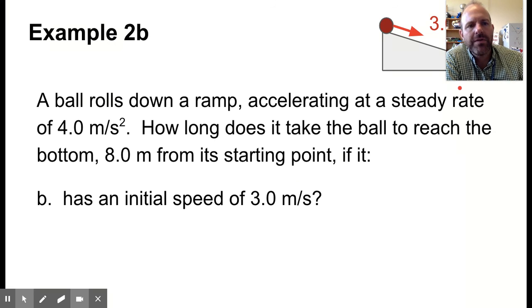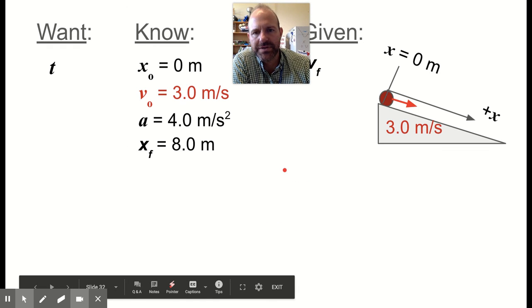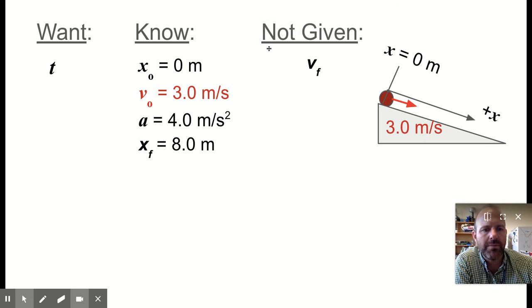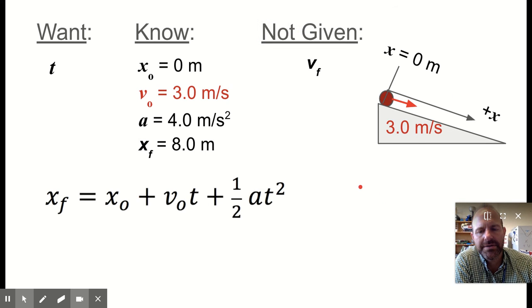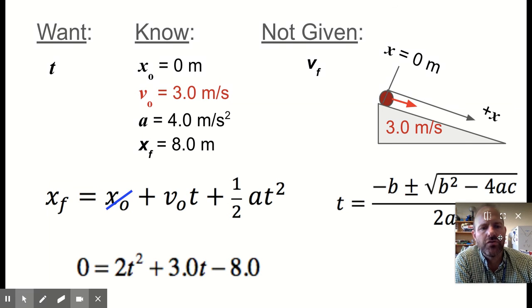Of course, we've already solved the problem, and all we need to do now is, instead of using an initial speed of 0, use an initial speed of 3 meters per second. That changes only a small portion of our problem, giving us a quadratic.